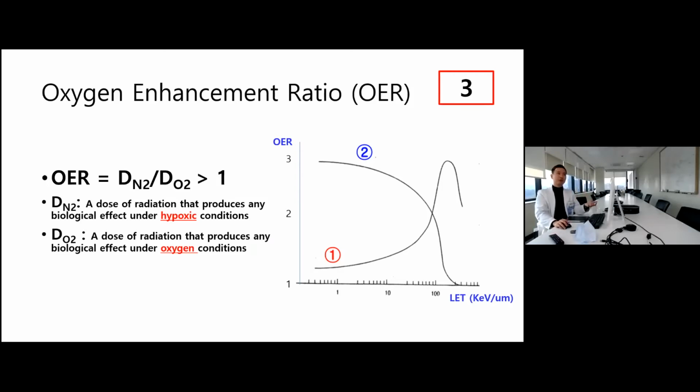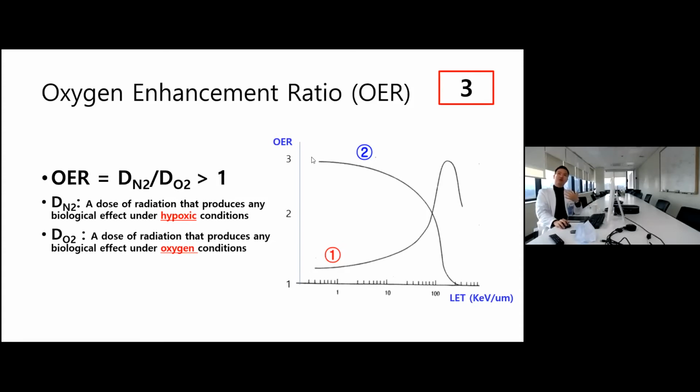And as I have told you earlier, the high LET radiations like alpha and neutrons actually have a smaller proportion of such indirect effect. So the change due to the presence of oxygen is less effective in such high LETs.